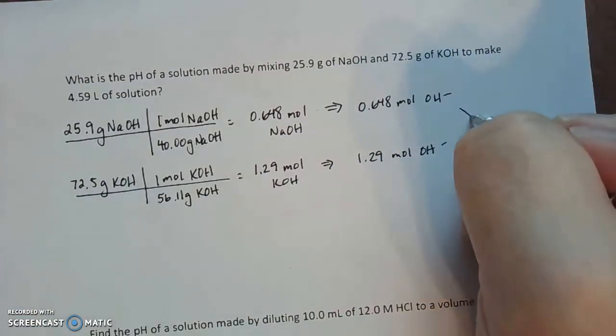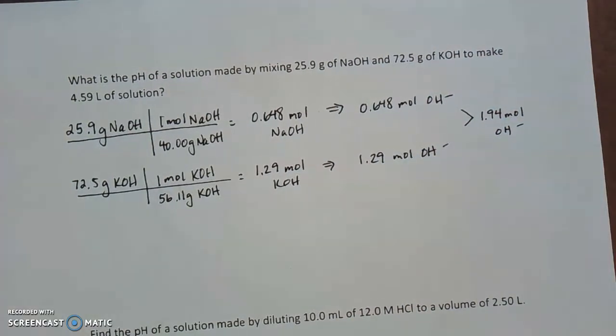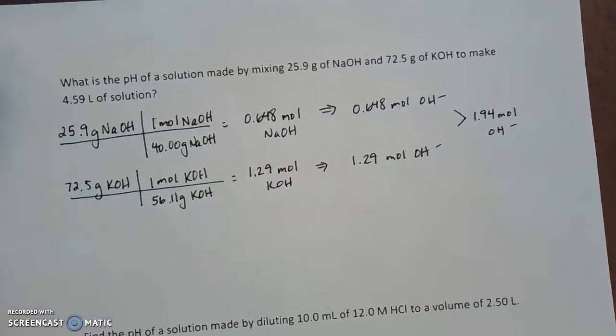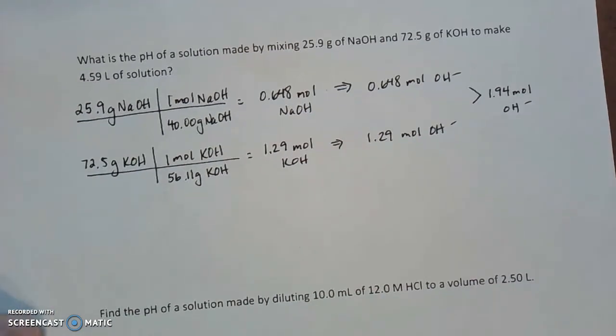So I'm going to add these two together: 1.95 moles of OH minus. The K and the Na don't matter because they're spectator ions. They're just going to be floating around in there.